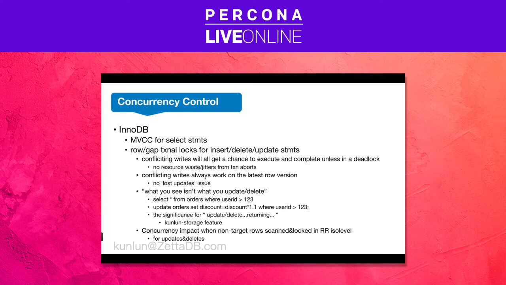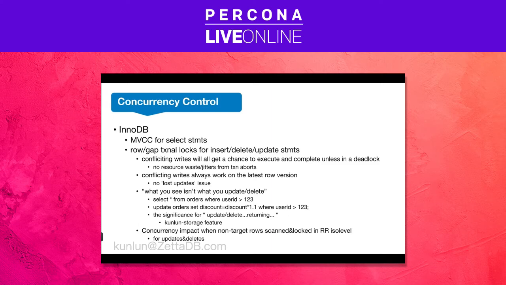The issue for InnoDB is that there's a what you see isn't what you update or delete issue. That is, if you do a select first, then use the same filter criteria to update the same table's rows, you may not update the same set of rows as returned by the previous select statement, even if the two statements are in the same transaction.